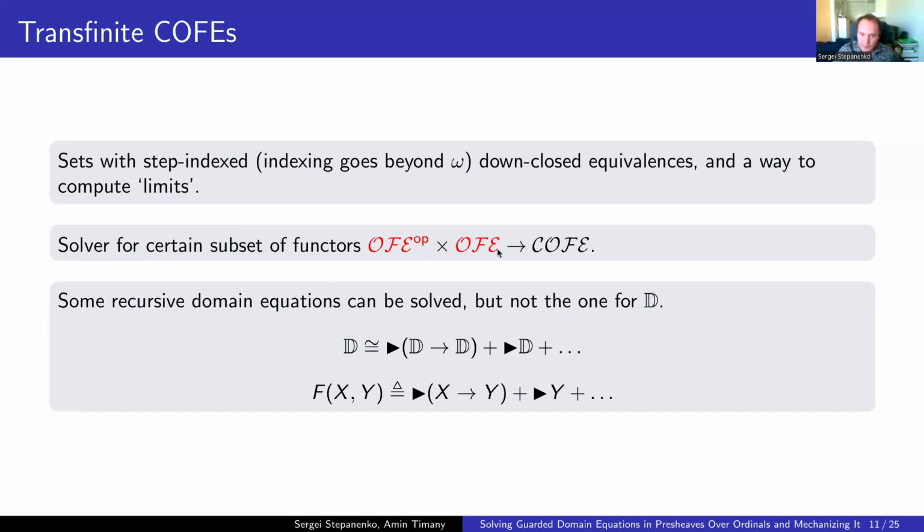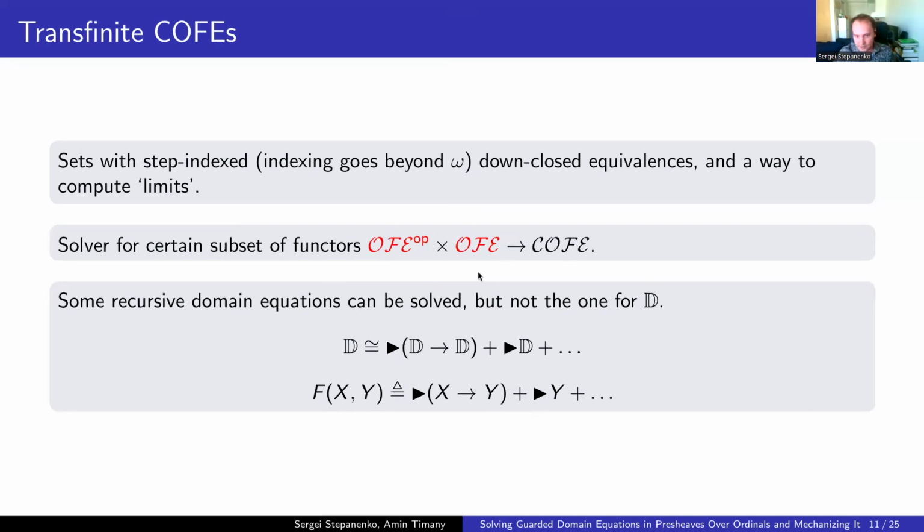So note that COFE is a subset of OFE, and since we require it in the argument, essentially what we ask for is that given some OFE, we can complete it with our functor. And for example, the functor for D does not have this property, at least not in the setup of OFEs and COFEs. So for certain cases, this works.